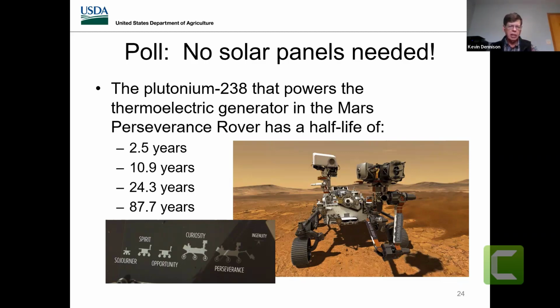But the plutonium-238 power generator has an 87.7-year half-life. That means the Perseverance and the Curiosity rover literally could run for decades and decades off that power source, and most likely something else will fail before the end of the rover's lifespan.